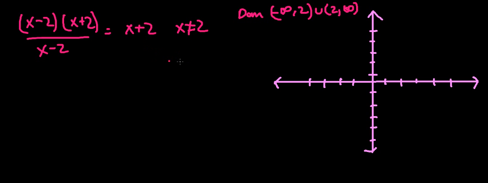So let's graph this. This is essentially a line. We can use the intercepts. We can say that when x is equal to 0, y is equal to 2. And when y is equal to 0, x is equal to minus 2.